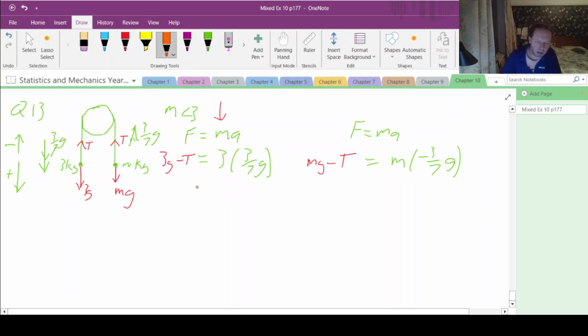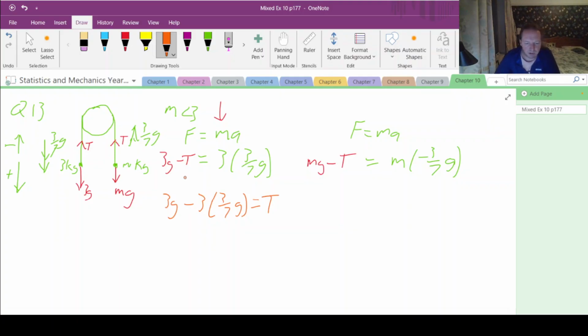I'm not enjoying the green, I'm going to change it to orange. So what do we have there? We've got 3g minus 3 times 3/7 g equals T. Just moving the T to the right and that to the left.